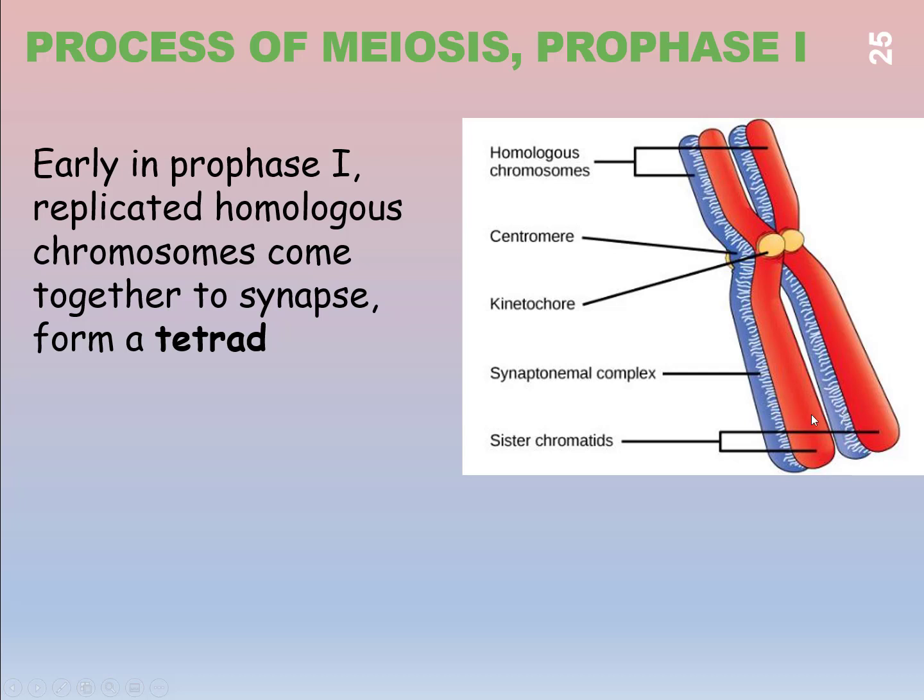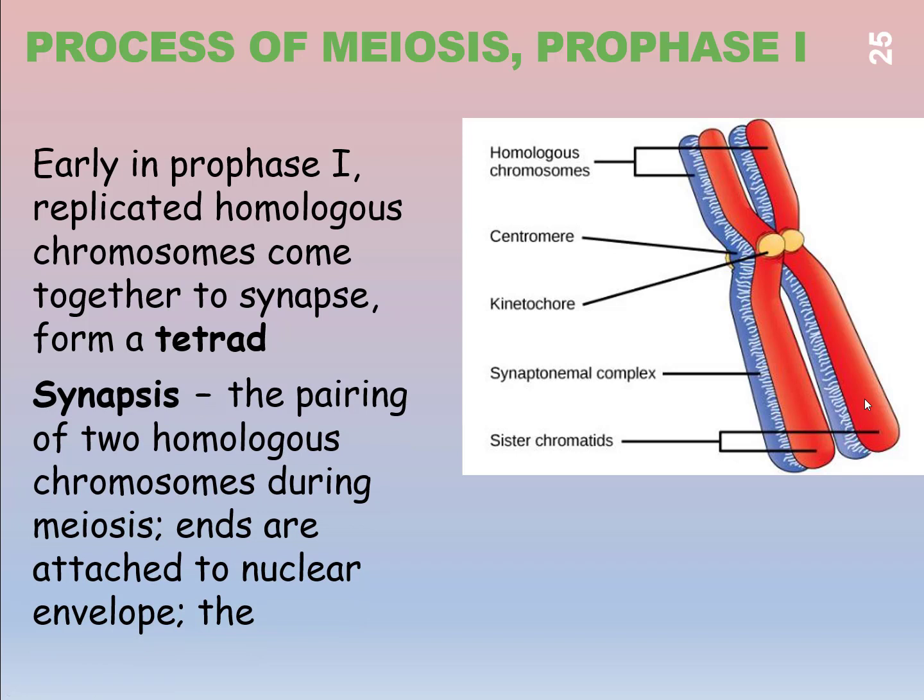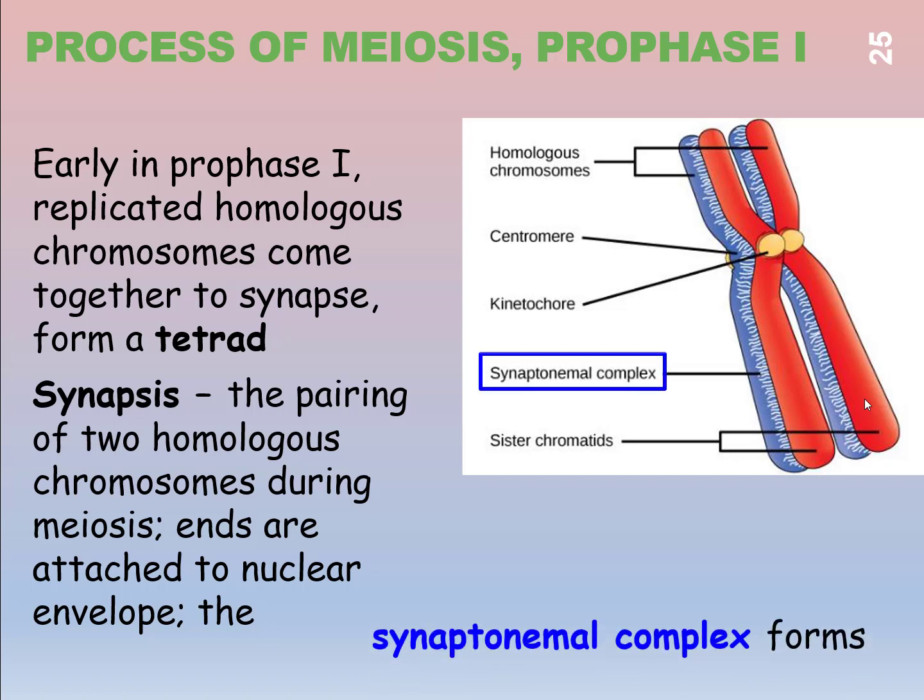1, 2, 3, 4. This process of synapsis is the pairing of the homologous chromosomes that occurs during meiosis. The ends usually are attached to a nuclear envelope, and the synaptonemal complex that we talked about earlier forms, getting us a nice tight fit between the two sets.